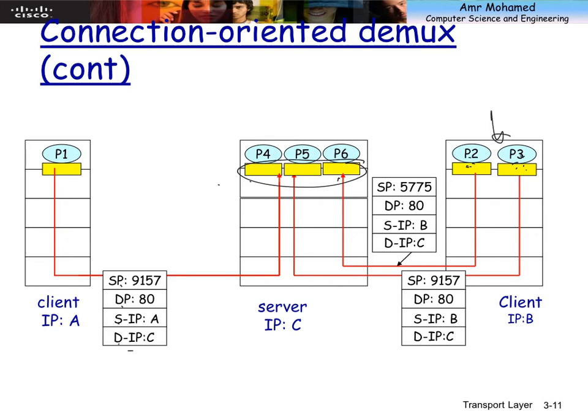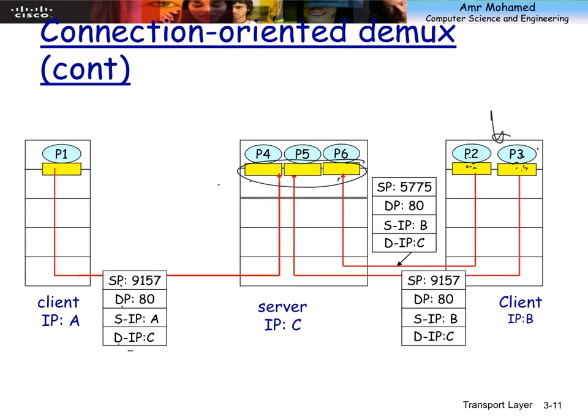Okay? So maybe those P2 and P3, it's the same application like Google Chrome, or Windows Explorer. But you have different tabs, meaning these are different application processes or different application endpoints. In that case, each one will have a different socket.